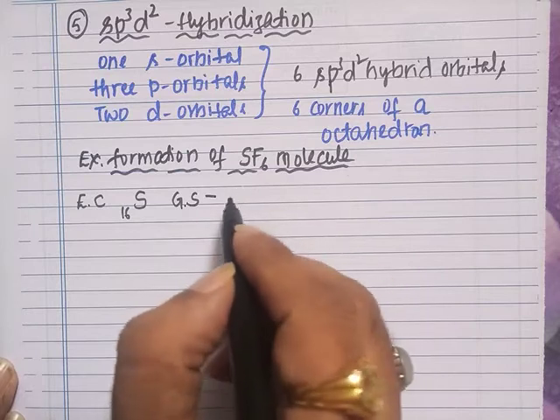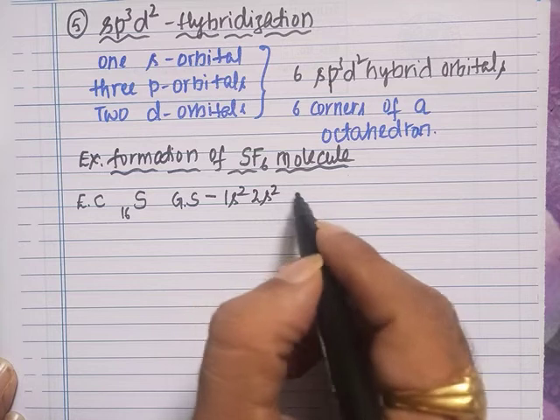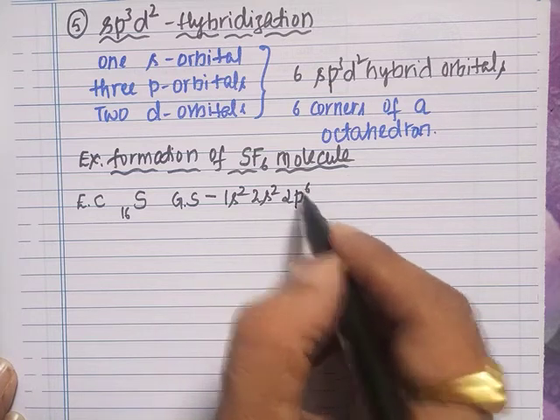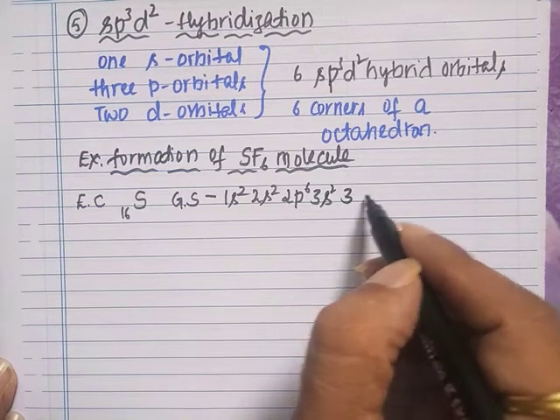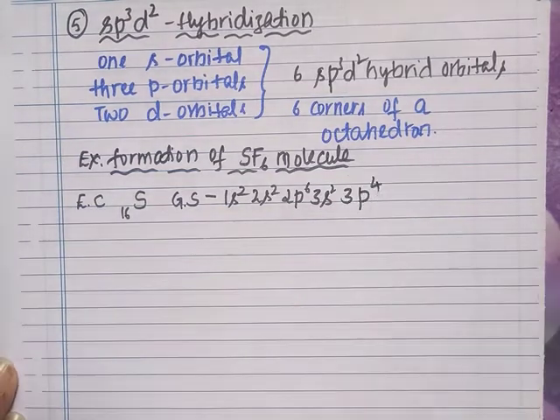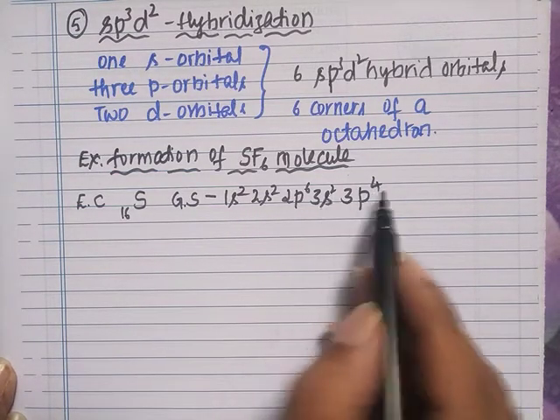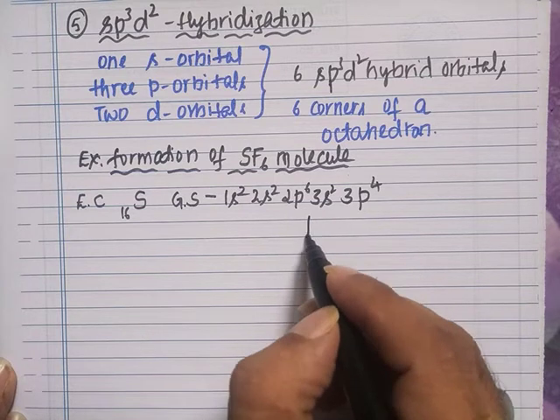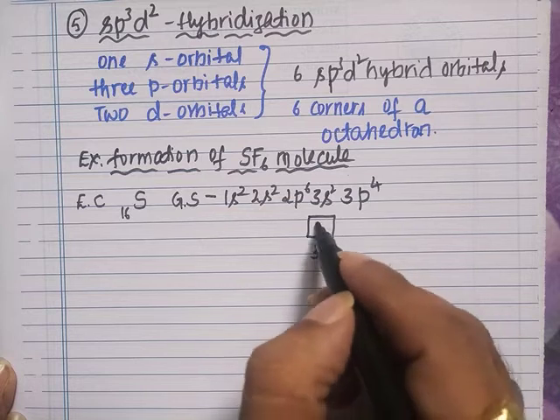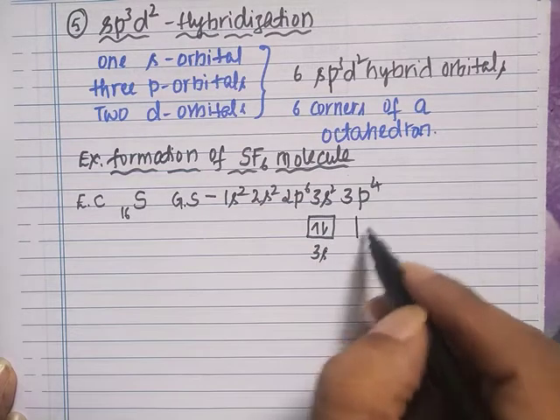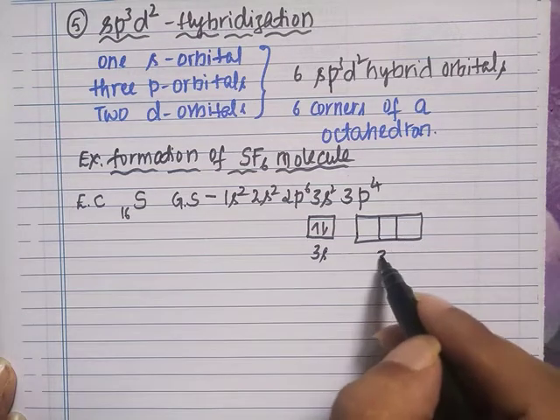That is 1s2, 2s2, 2p6, 3s2, 3p4. So the sulfur atom contains 6 electrons in its valence orbital, 2 electrons in the 3s orbital and 4 electrons in the 3p orbitals.